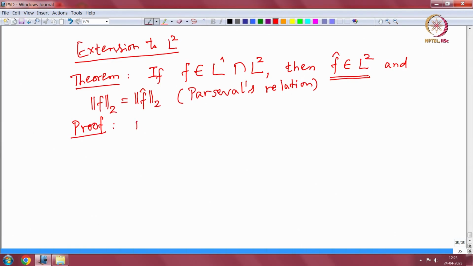So define f tilde of x as f of minus x conjugate. If f is real valued, it is only f of minus x. You are just changing the sign of the argument. And again f tilde is in L1, no doubt about that, and so you define this.